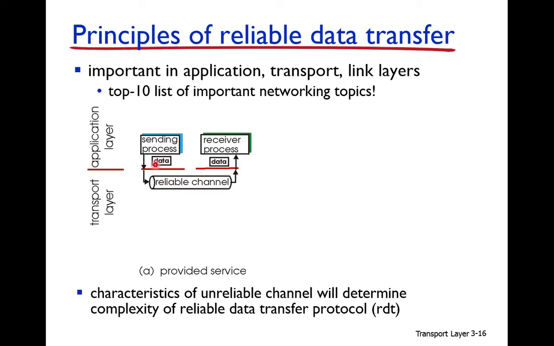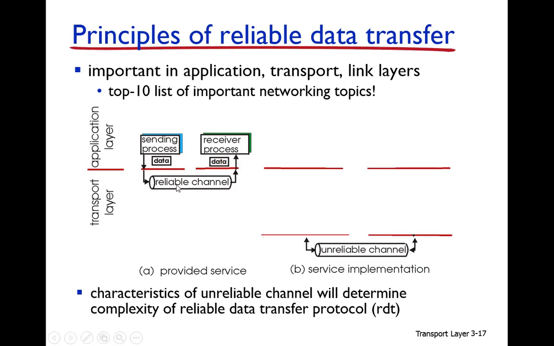But we know that the transport layer only acts at the sending machine and the receiving machine. This is the logical communication, and physically the transport layer delivers the data through the network layer. The network layer service is an unreliable channel. Why? Because it is packet switching.